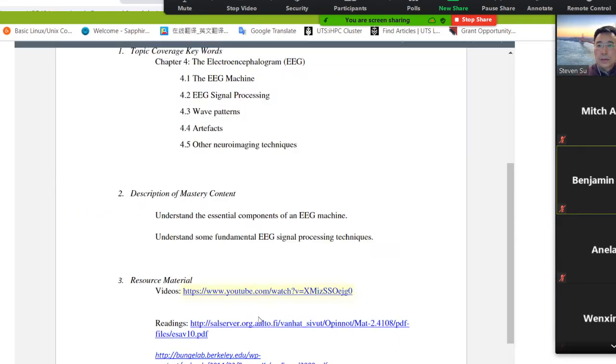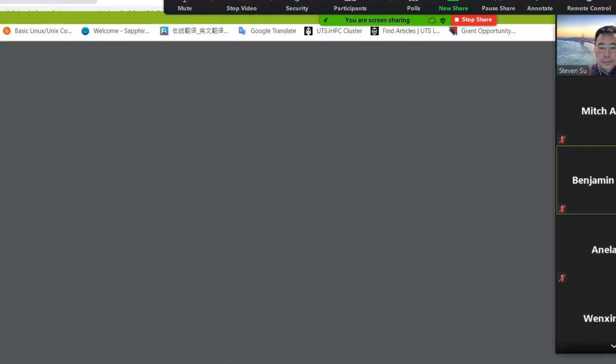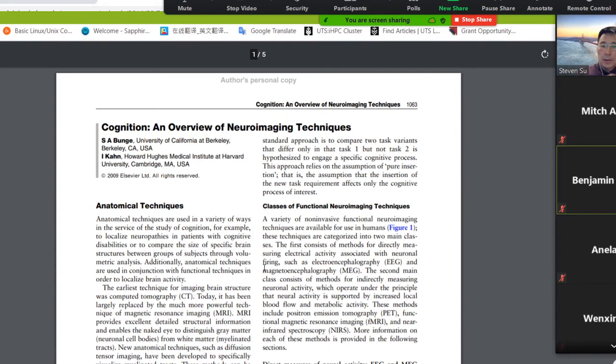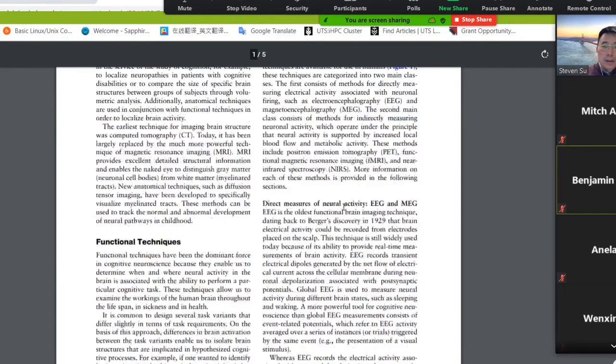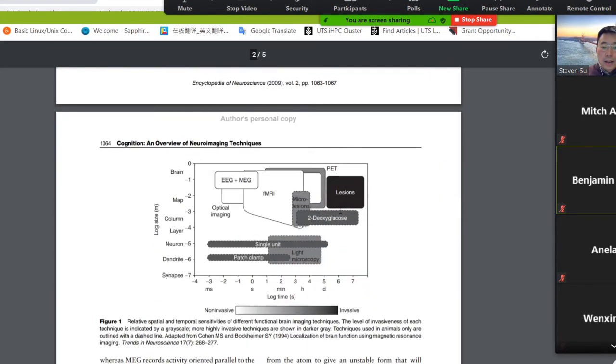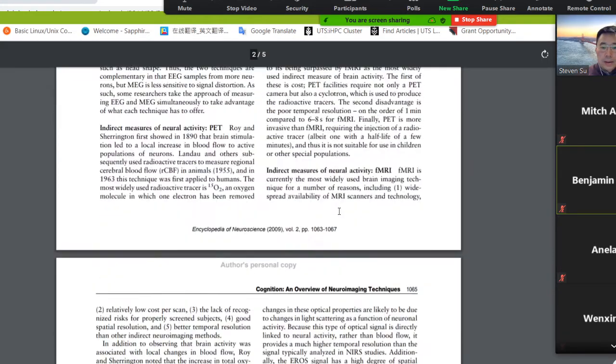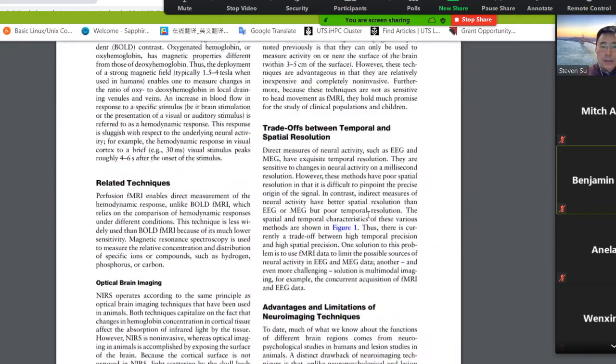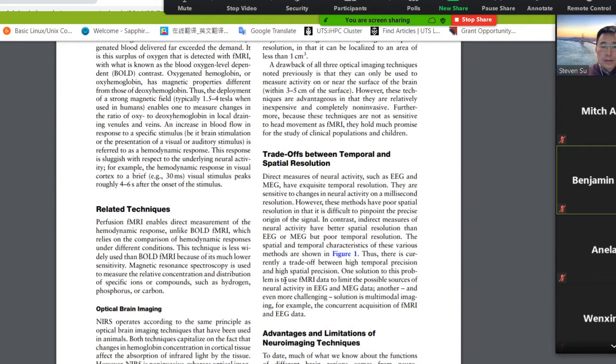And we also have a research paper on neural imaging techniques. They cover EEG and MEG, and also MRI, and they are different. Some are good, some have limitations, some have a trade-off between temporal and spectral resolution.